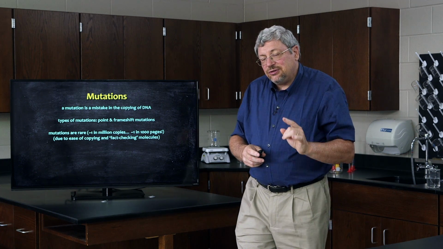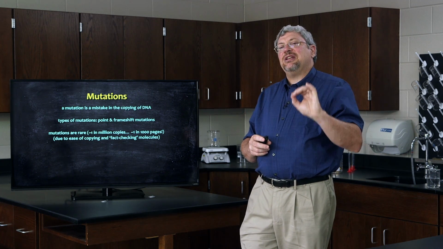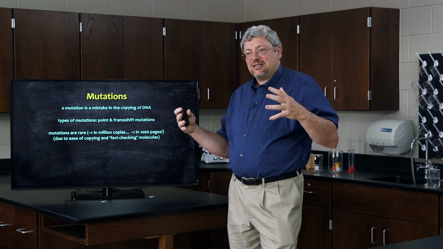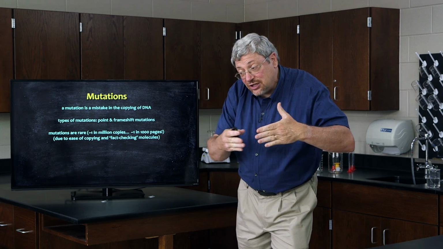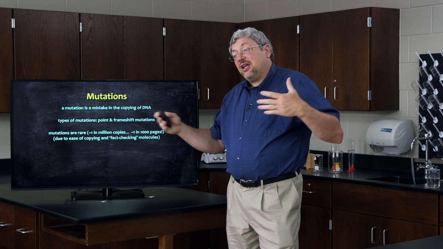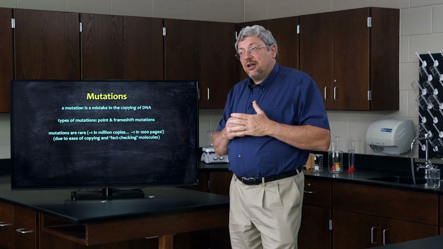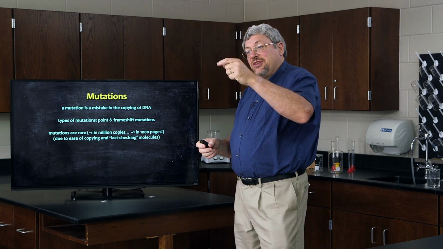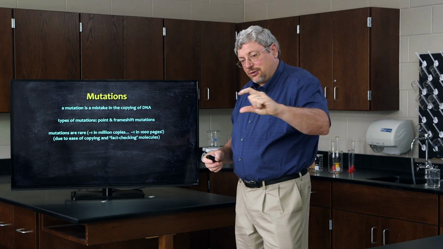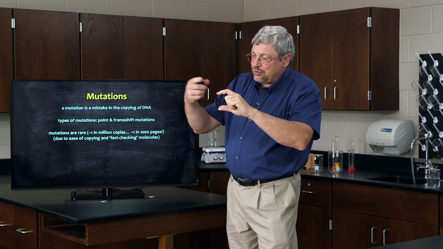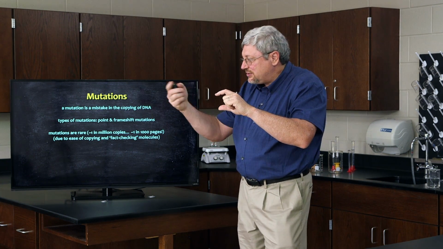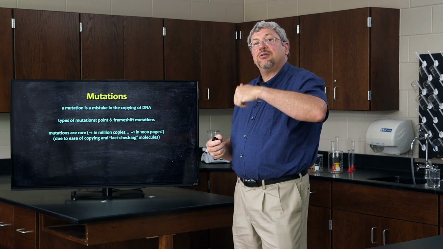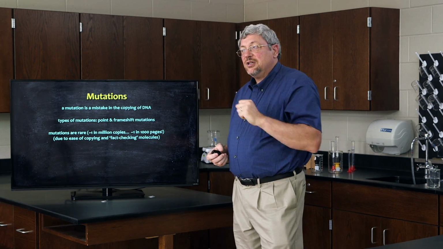But it's also due to the fact that we have discovered in organisms that there are mechanisms in place that actually check the DNA, kind of like fact-checking, or checking to make sure that things are in place. There's another molecule that runs along behind the molecule that's putting the T's and the A's and the C's and the G's in place and makes sure that A's are going with T's, C's are going with G's.